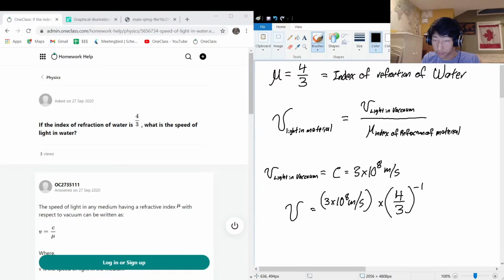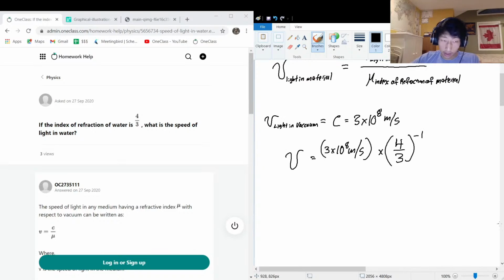So yeah, I'll send that through my calculator real fast and we'll see what we get. So 3 times 10 to the power of 8. And to multiply by that, we could just flip it upside down. So it could be multiplied by 3 divided by 4, times 3 divided by 4.